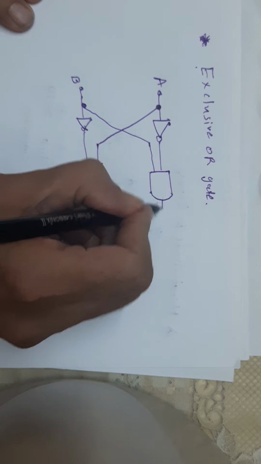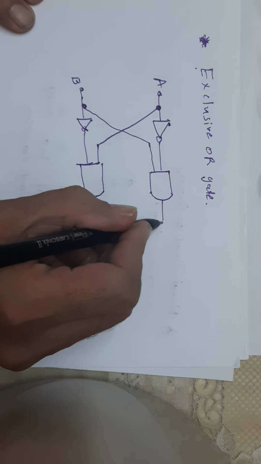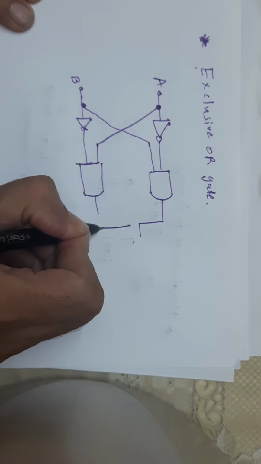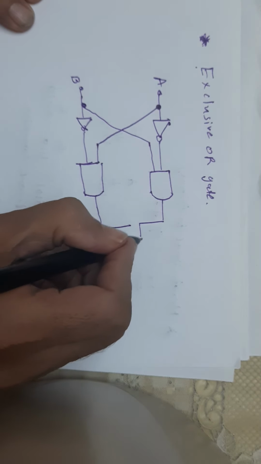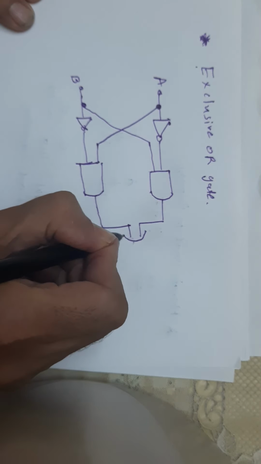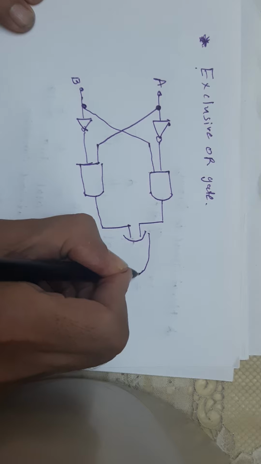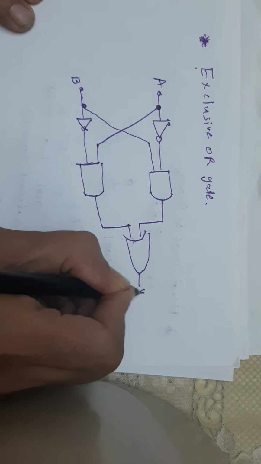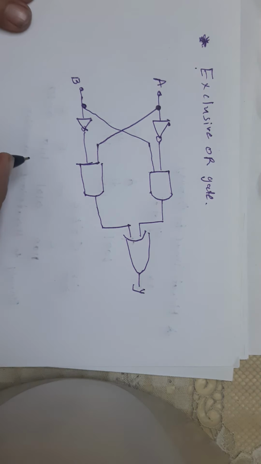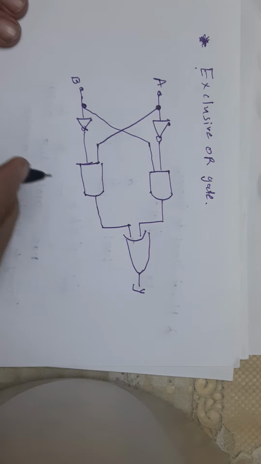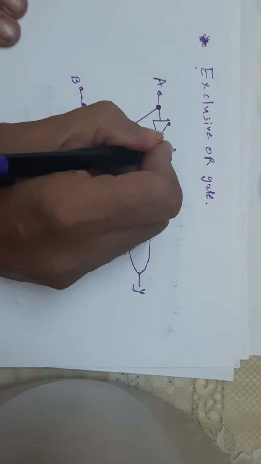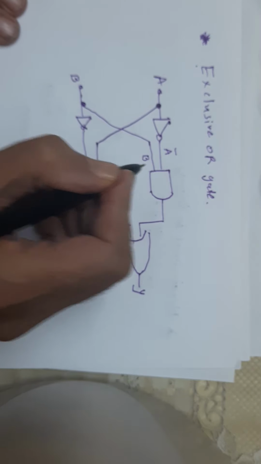This is your output, and this output is given to the OR gate. This is your Y. So here, due to the NOT gate, this B is connected here.